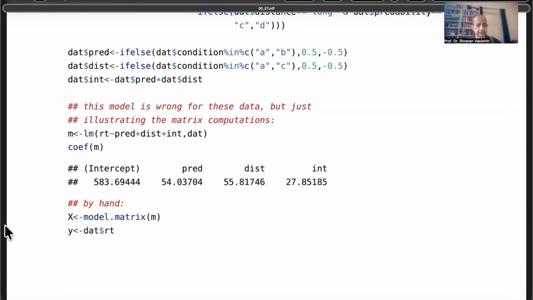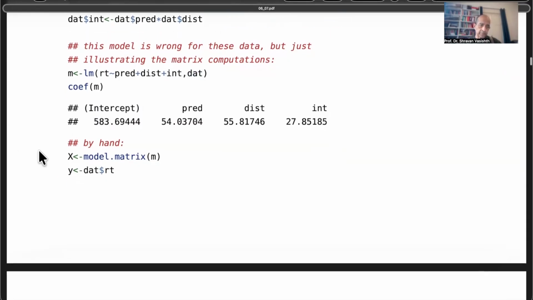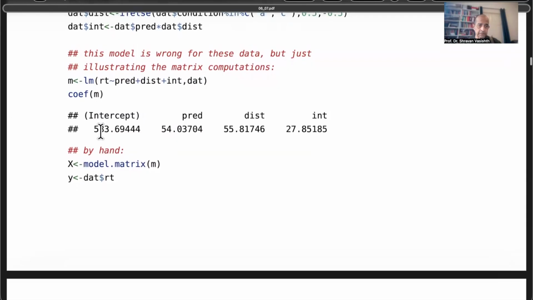So that's my setup. For the Persian data, if I run the model and compute these parameters, I get an intercept, that's the beta 0 estimate, and the main effect estimates of predictability, of distance, and the interaction. Now I'm going to do this by hand using matrix algebra.